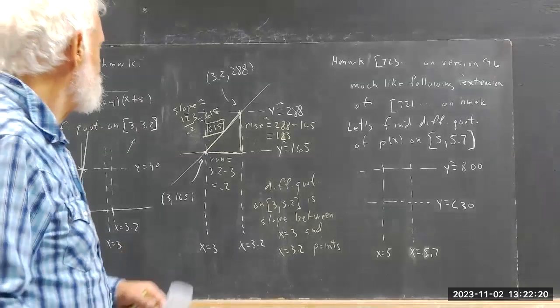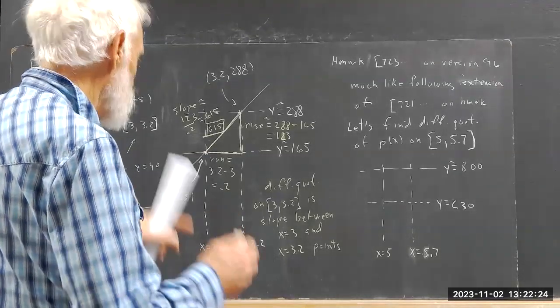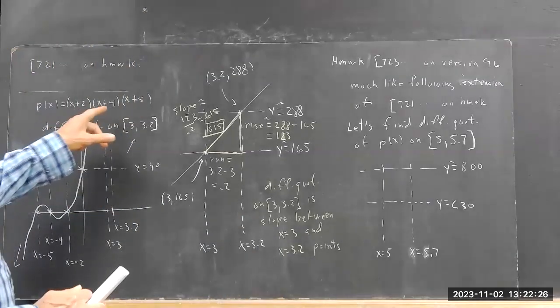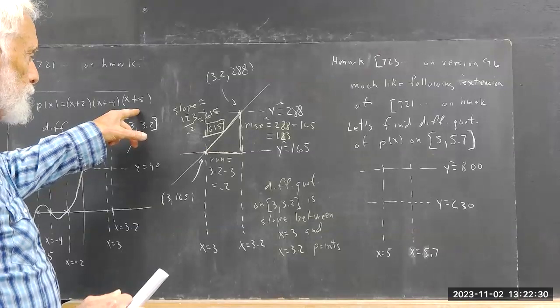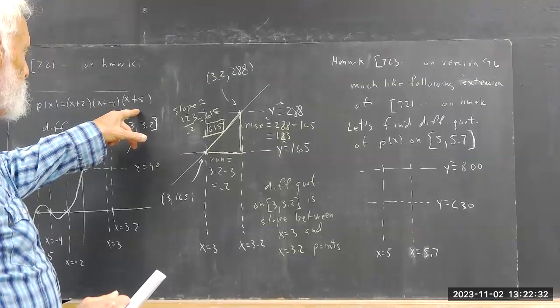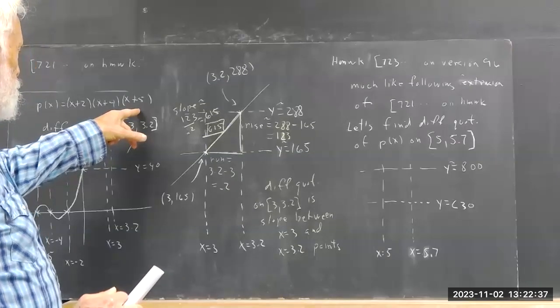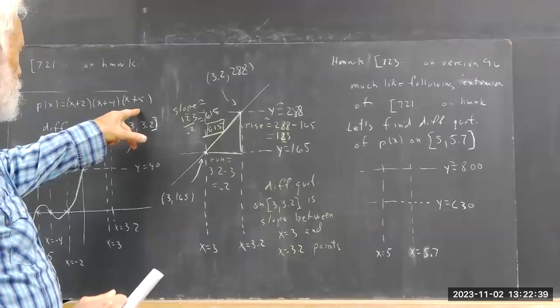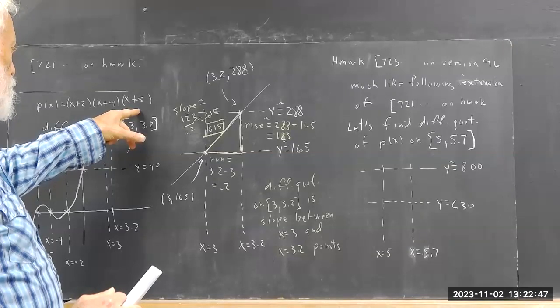I'm going to say, take just a little bit. 5 times 7 is 35, times 8 is 280.